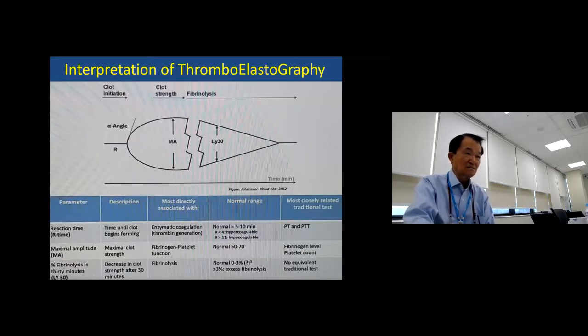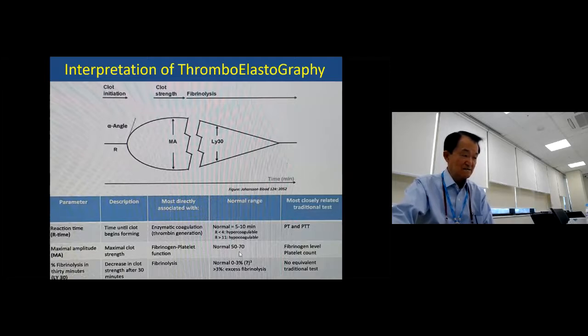And then there's a technique called thromboelastography, which can show clot initiation and then maximum clot formation, and then some fibrinolysis, with a normal range for certain times.